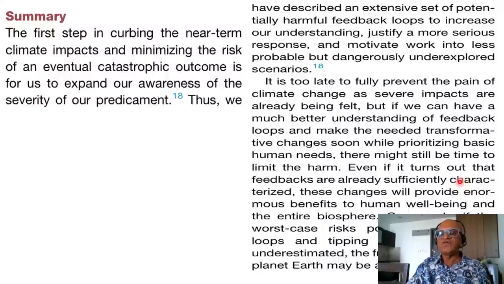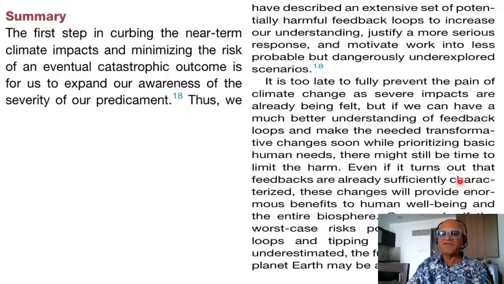It's too late to fully prevent the pain of climate change, as severe impacts are already being felt. But if we can have a much better understanding of feedback loops and make the needed transformative changes soon while prioritizing basic human needs, there might still be time to limit the harm.